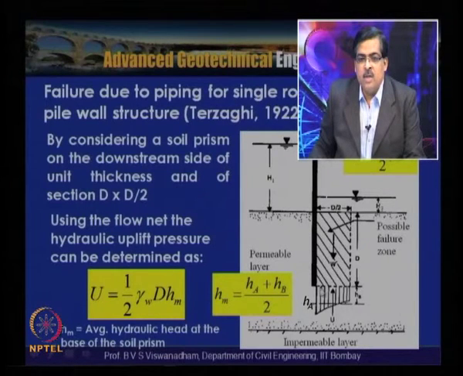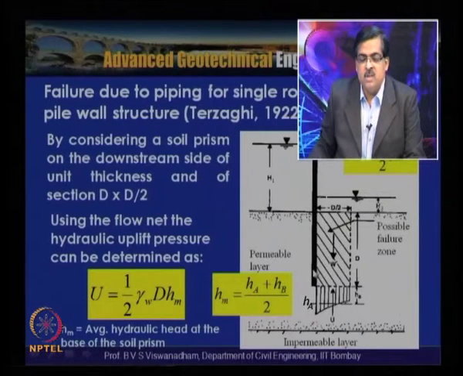So, the uplift force exerted on the soil prism has an area of D by 2 into 1, that is, the area over which the uplift pressure acts, where D is the depth of penetration.